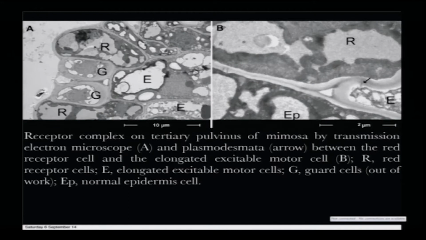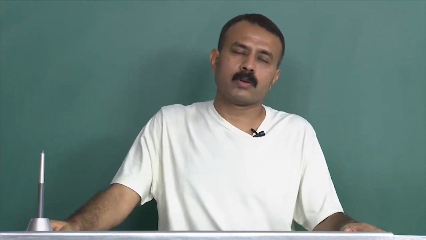Plasmodesmata arrow is shown. You see that there is an arrow on panel B where there is a connectivity. An elongated excitable cell is shown out here. You could see those E's sitting out there. So, now this is the complex which is responsible for this.